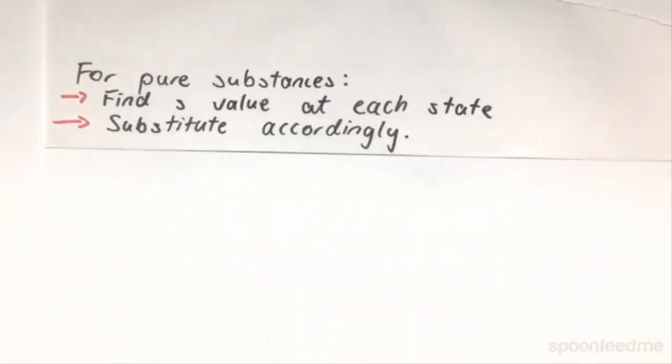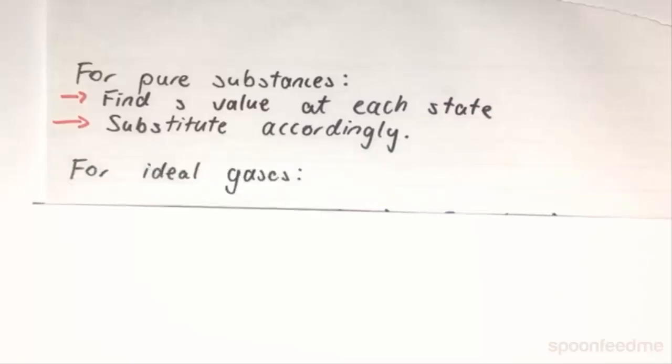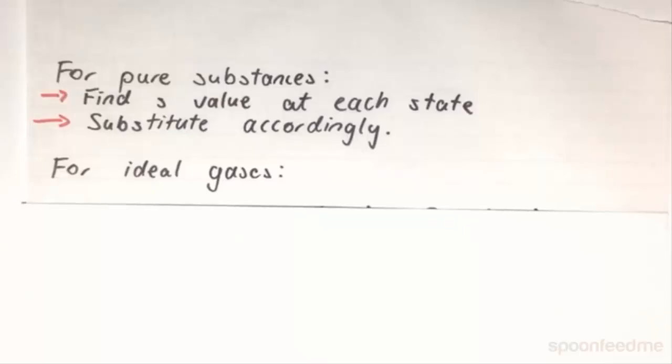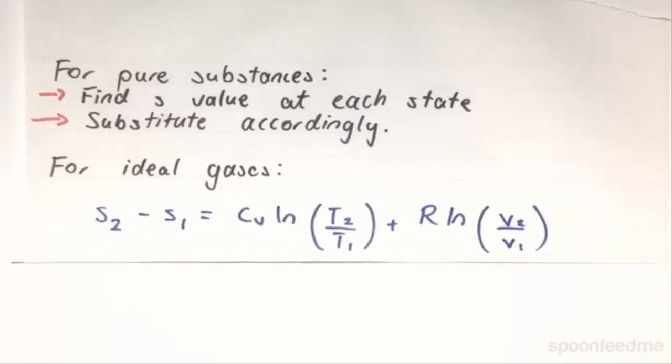However, for the ideal gases, we need to have a certain set of equations, and they will not find us the exact value of S at a state, rather they will find us the differences.